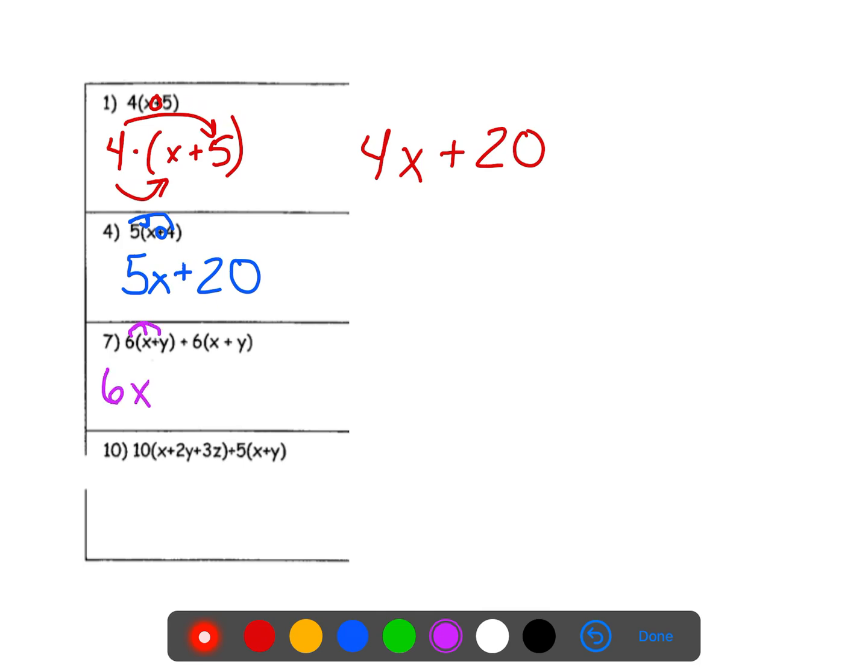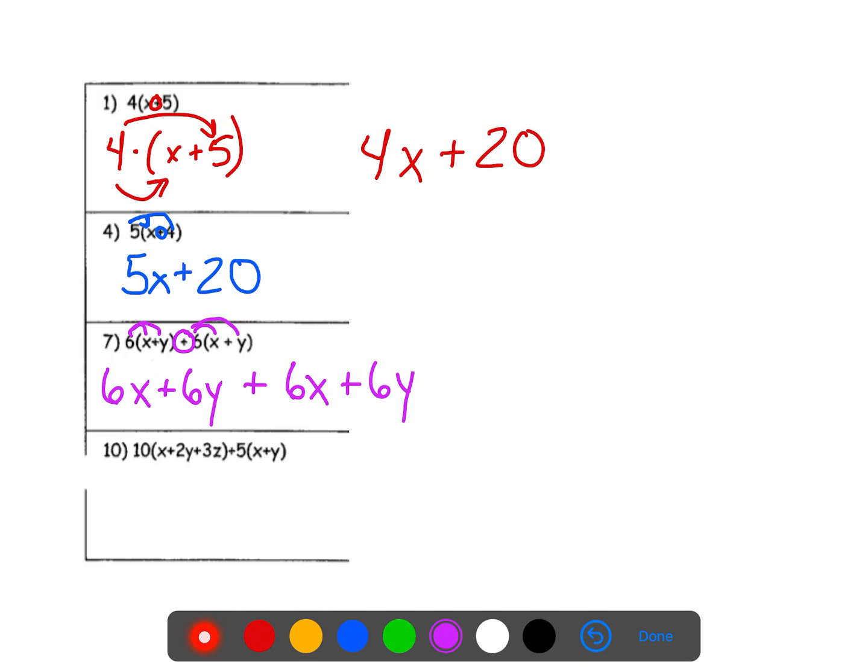We'll have 6 x's, 6 times x, plus 6 times y. And then we're just going to repeat it here, 6 times x, 6 times y, like that. Addition was happening here between them. And technically, this would be right.